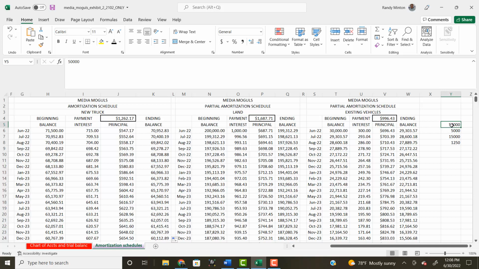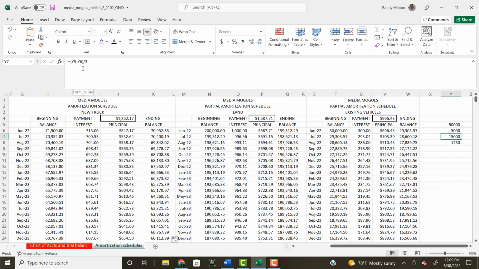So here's the $50,000 cost that I've given you. Here's the $5,000 salvage that I've given you. And this would be the yearly amount of depreciation. You can see that because if I take 50,000 minus 5,000, and you have to do those two first. So if you look at my equation up here, you see that I have equal, and I have an open parentheses, y5, that's this guy, minus y6, that's this guy, close parentheses.